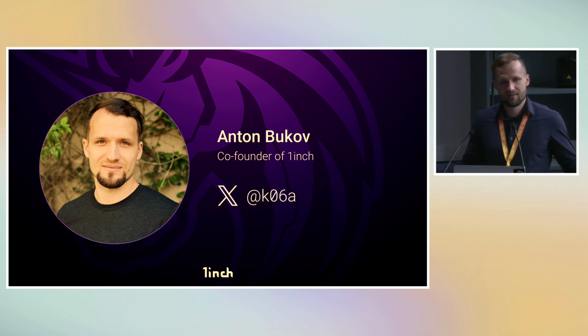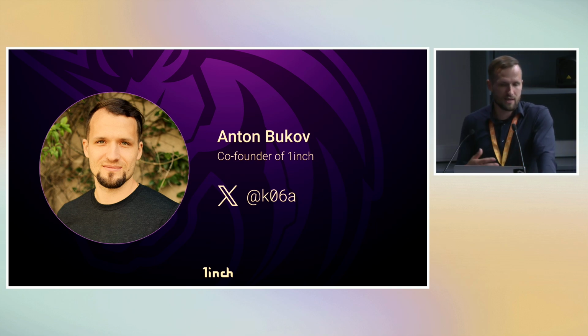Easy, yeah? That's why I'm talking about it, because it's easy to understand that some protocols already utilize algorithms with constant complexity. And that's actually a huge benefit for them, because they are already ready for mass adoption, because they're ready for millions or billions of users, because each of these users will make transactions only when they need to do real actions, when you need to borrow or lend, or you need to provide liquidity, or you need to swap, and you don't need any extra transactions for accounting.